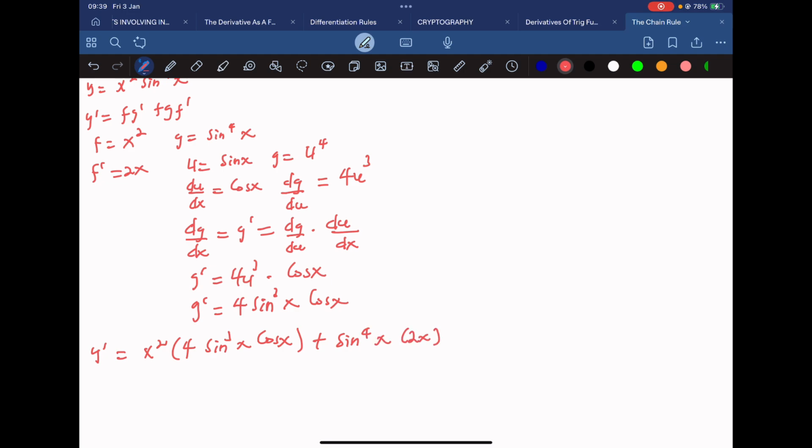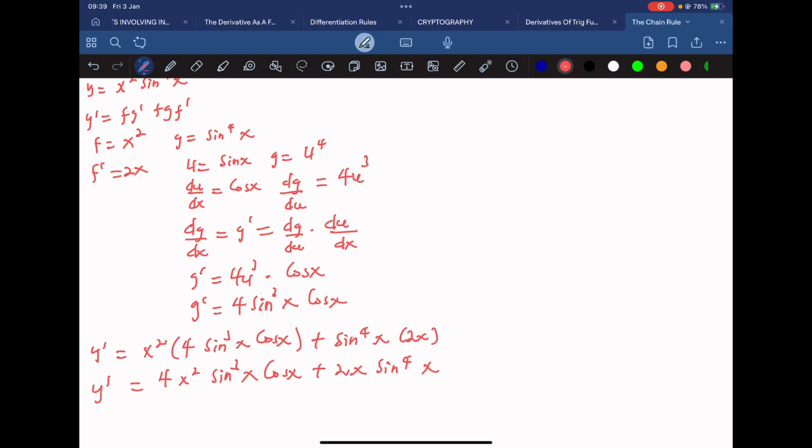So we can simplify this to 4x squared sine cubed x cosine of x plus 2x sine 4x. I hope this is clear. So this is for part 1 of the question.